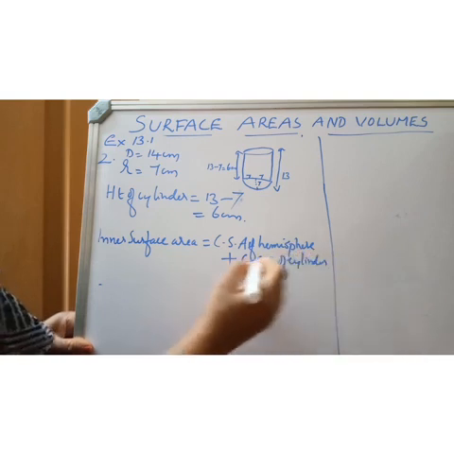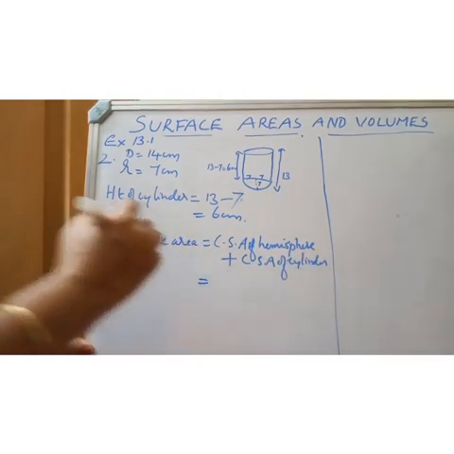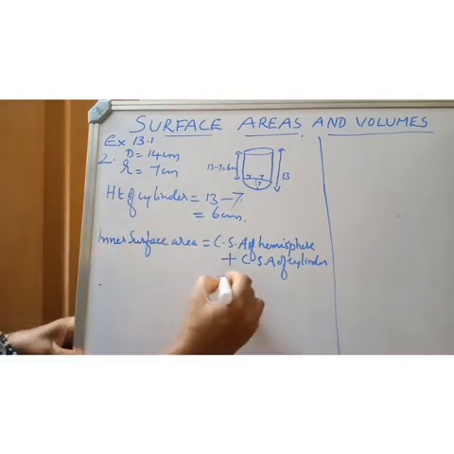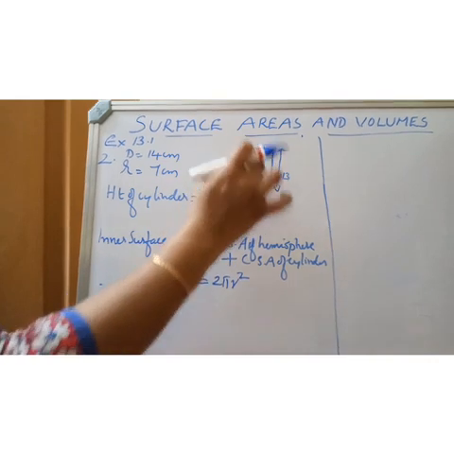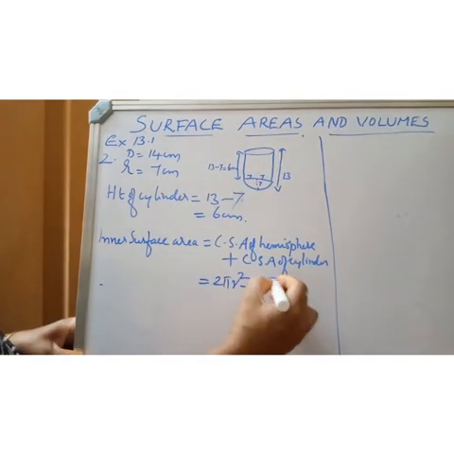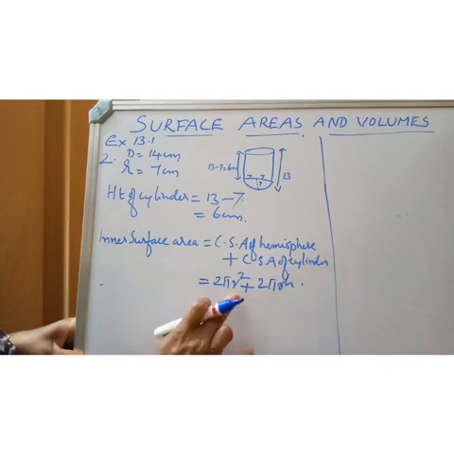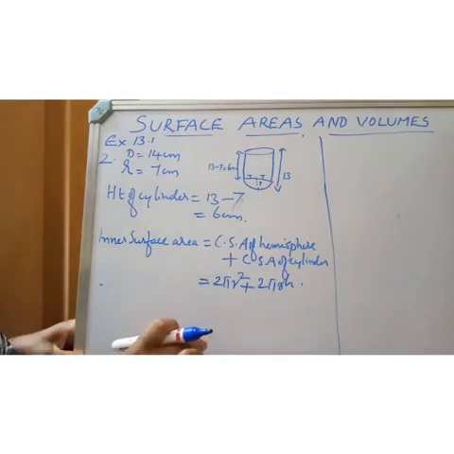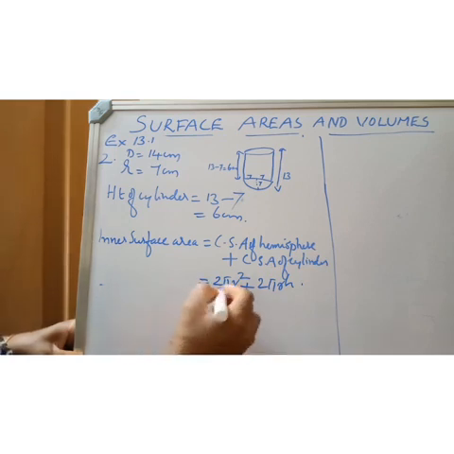So what is the formula for CSA of a hemisphere? 2 pi r square. Here both having the same radius, okay, plus CSA of a cylinder 2 pi r h. Why I written r, same r? Because the cylinder and hemisphere having the same radius, okay. So 2 pi r is common, isn't it?